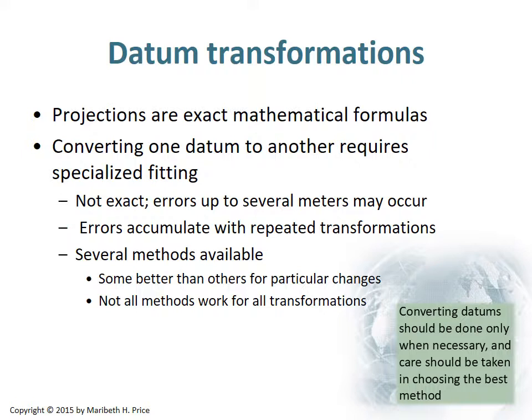So the best practice for datum transformation is: do it once. The best practice for a map projection is to do it once from the original data and then leave it alone. Don't reproject data that you already reprojected. If you need to change the projection information for a data set, go back to the original, and from the original, generate that new projection.